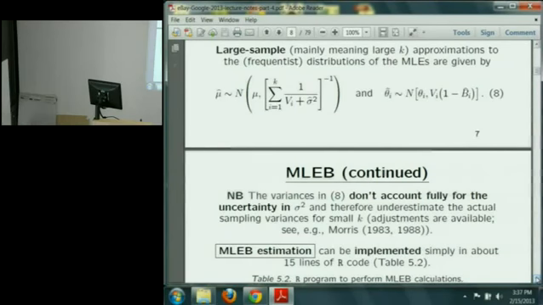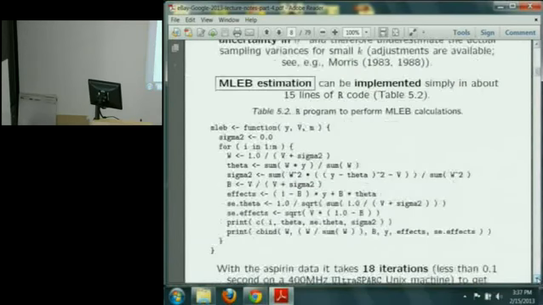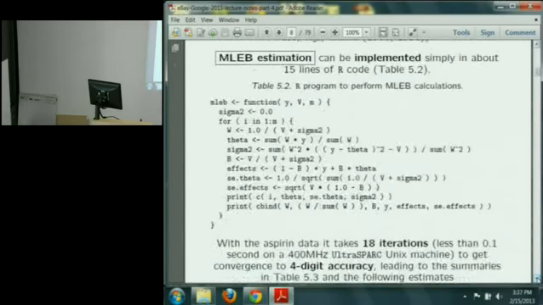So here's some simple R code. It's not a sophisticated program. It takes in the data vector y and the vector of variances v, and it takes in a number, lowercase m, which governs how many iterations you want the algorithm to do. And instead of actually checking for convergence, the algorithm just goes for the m iterations you ask for and stops. And it prints out various things on the way.